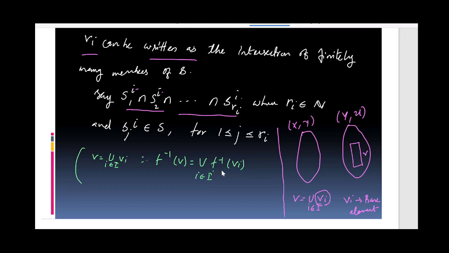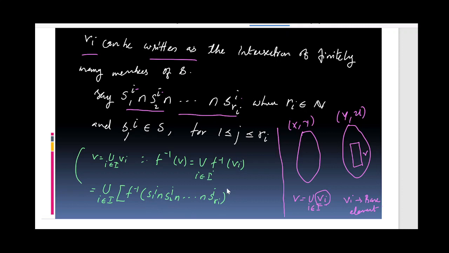But each Vi is an intersection of this type. So this is equal to union i belongs to I of F inverse of each Vi, which is of this type: S1i intersection S2i intersection, etc., intersection Sri of i.